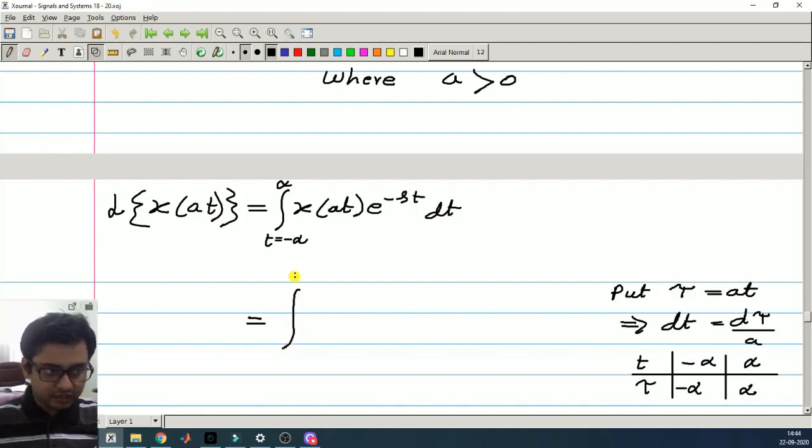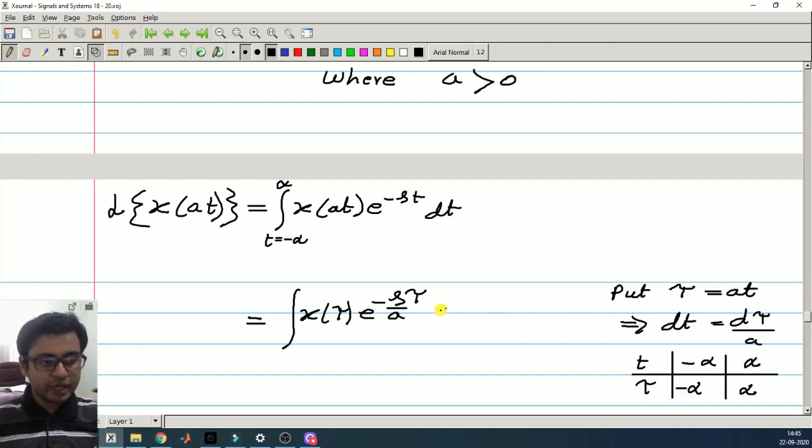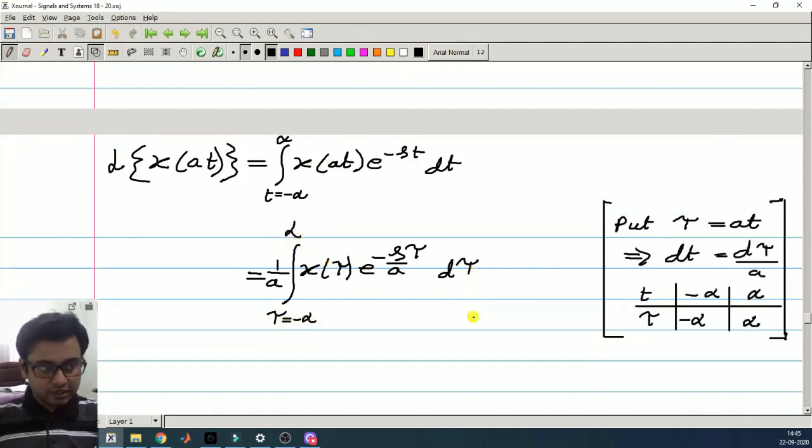So here this will become x(tau) e to the power minus s, t will become tau by a, and dt will be d tau by a, which I will write outside, and the limit is tau from minus to plus infinity.